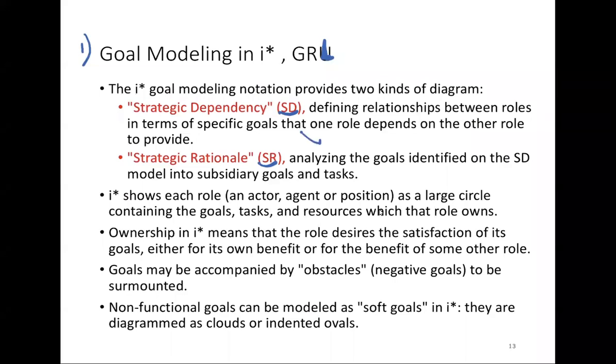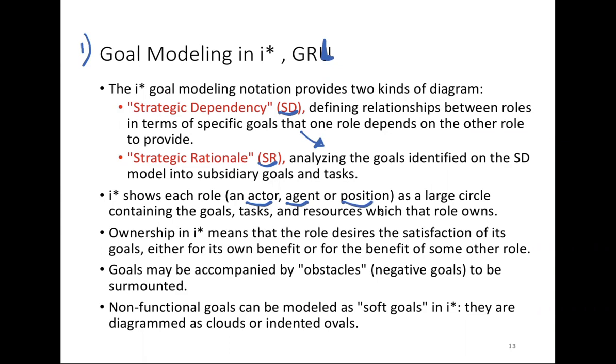So we use the goals from the SD diagram as an input to the strategic rationale diagram for further analysis into sub goals and even sub tasks. The I-star notation shows each role, which could be an actor, an agent, or even a position, as a large circle.